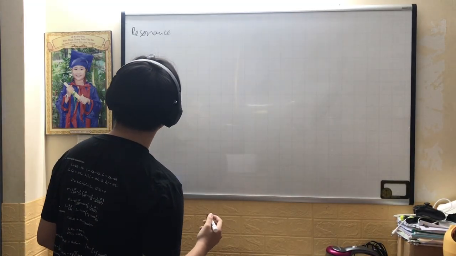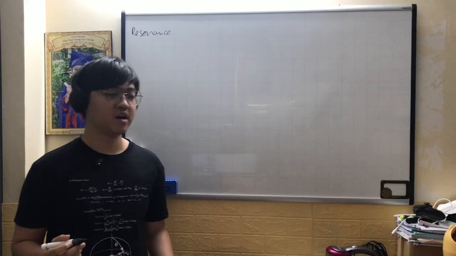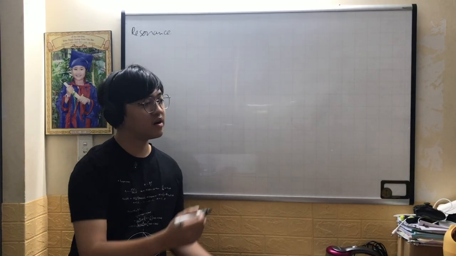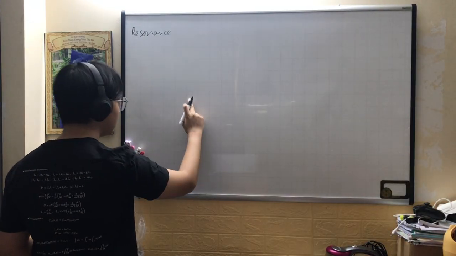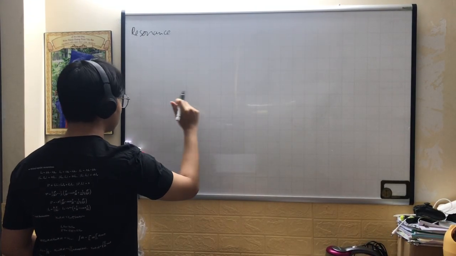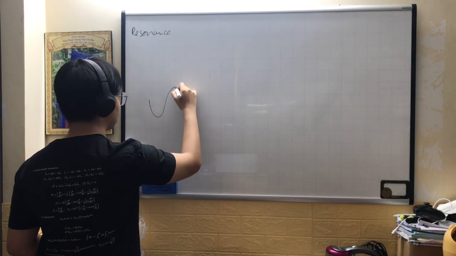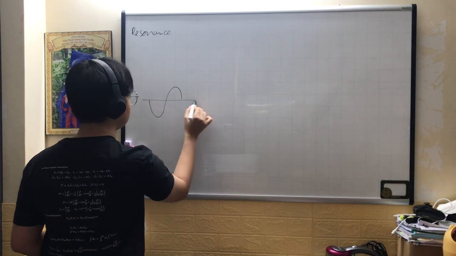Let's begin. So you might remember that one time I made an example about the quasi-bound state when you have something like this and the energy is over here. I think the old example is something like this.